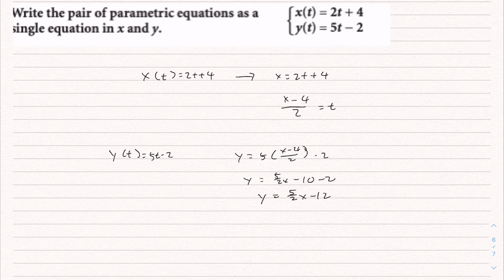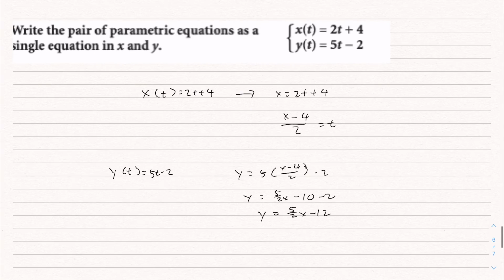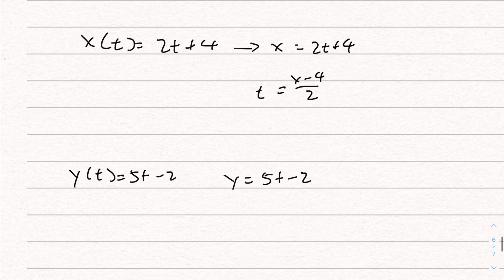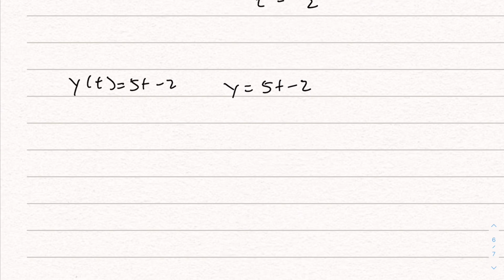For method 2, solve both equations for t. x(t) is equal to 2t plus 4, which is just x equals 2t plus 4, and t would be equal to (x minus 4) over 2. And y(t) is equal to 5t minus 2, and y equals 5t minus 2, and (y plus 2) over 5 will equal t.